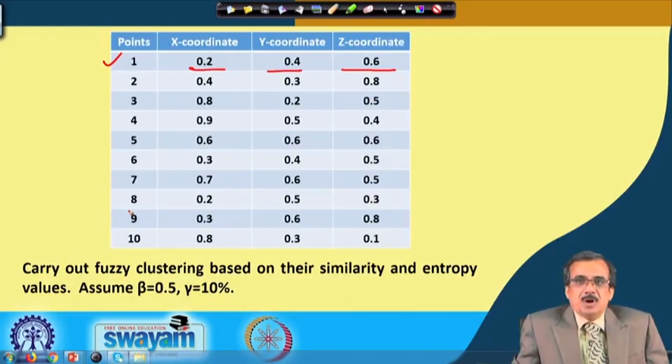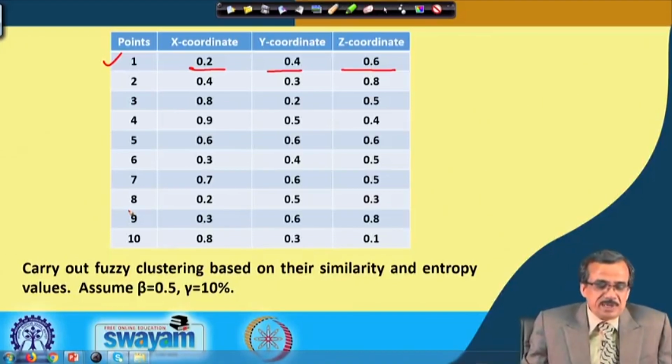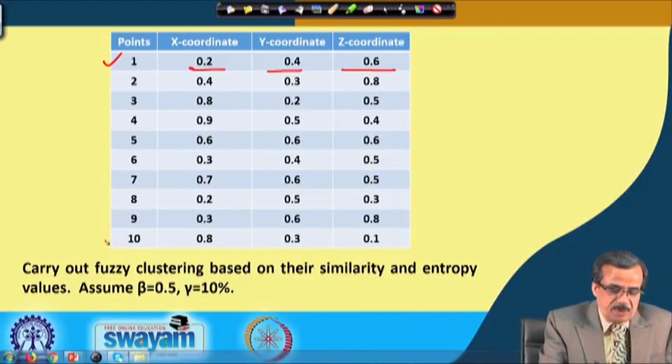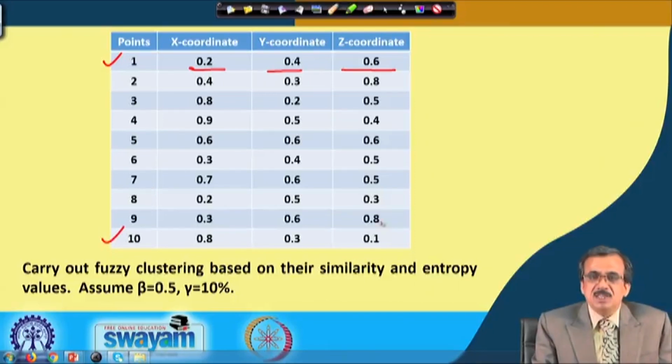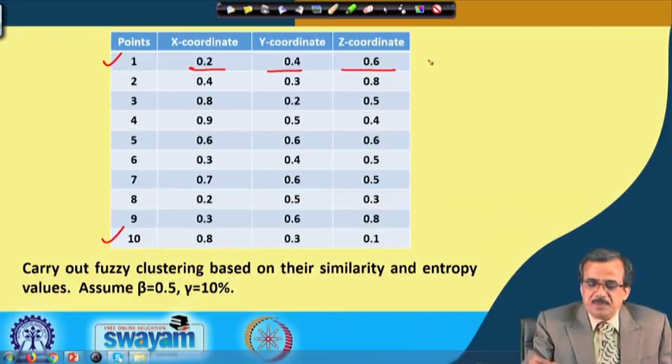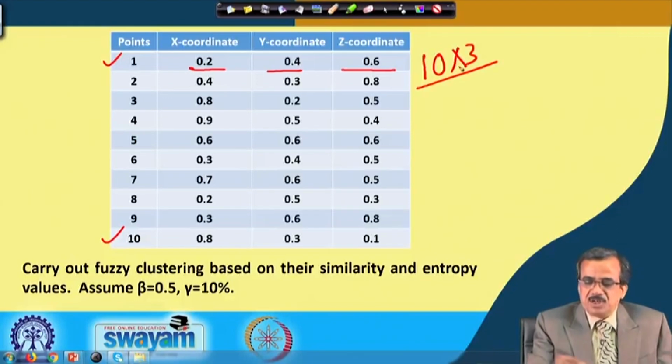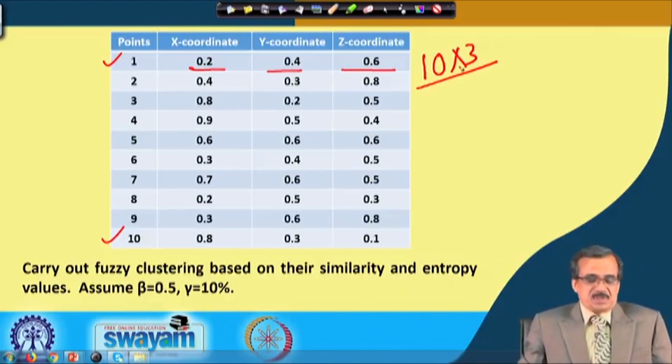But here for simplicity I am just going to consider only 10 data points, and for each of the data points I have got 3 dimensions. So, in the matrix form, this particular data can be represented by a 10 cross 3 matrix. There are 10 rows and 3 columns.